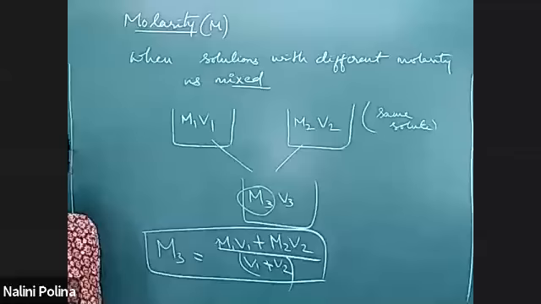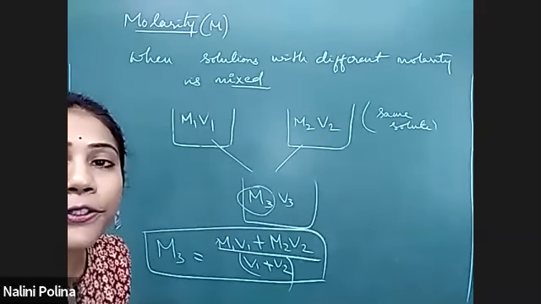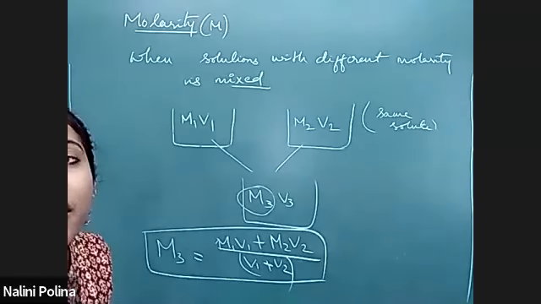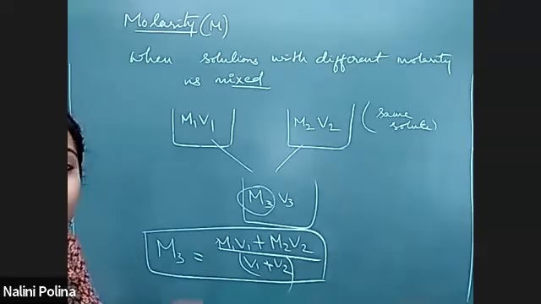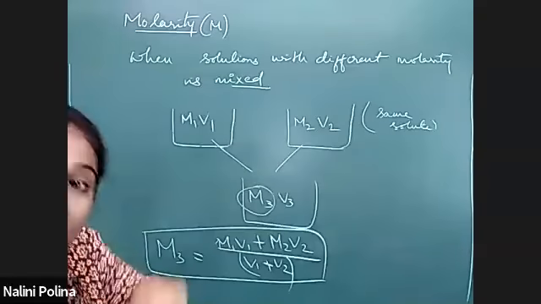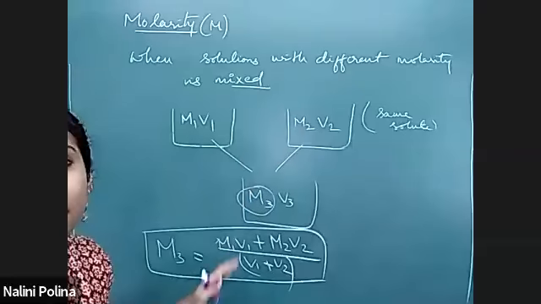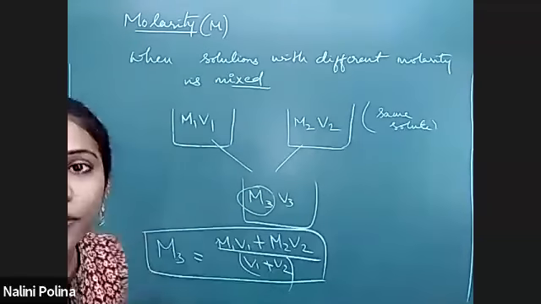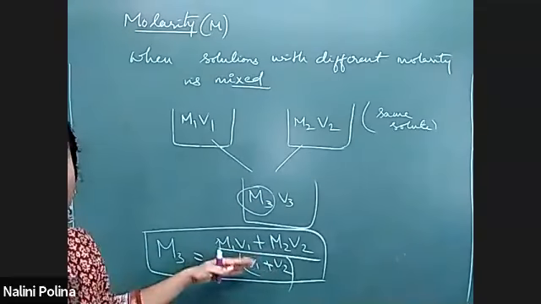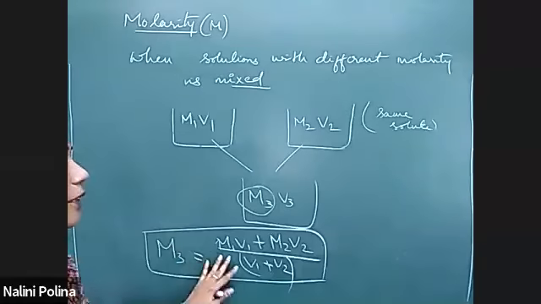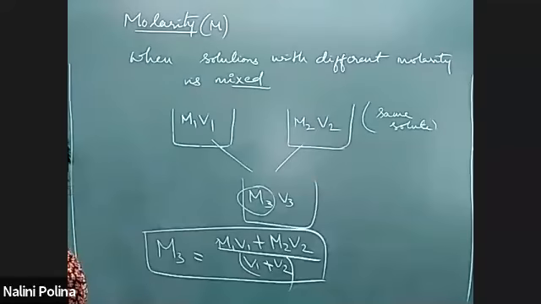When two solutions with different molarity are mixed, this is a very important formula, note it. When two solutions with different molarity are mixed, the molarity of the third solution obtained after mixing they will ask you, and this is the formula to find the molarity of the resultant solution. The condition here is that the solute must be the same. When the solutes are different, you cannot use this formula. So to find the resultant solution's molarity when two solutions with different molarity are mixed, you have the formula M1 V1 plus M2 V2 divided by V1 plus V2.